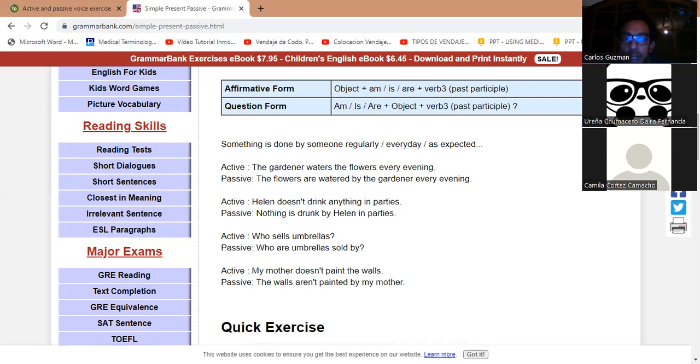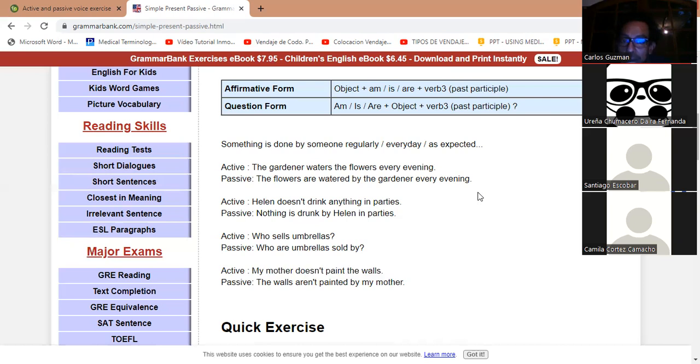Okay, good. The simple past of drink, what is it? What's the simple past of drink? Drank, with A, right? And the past participle, drunk, with U, right? Awesome. So that's the difference.